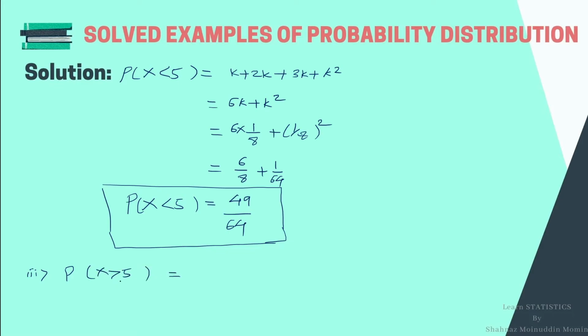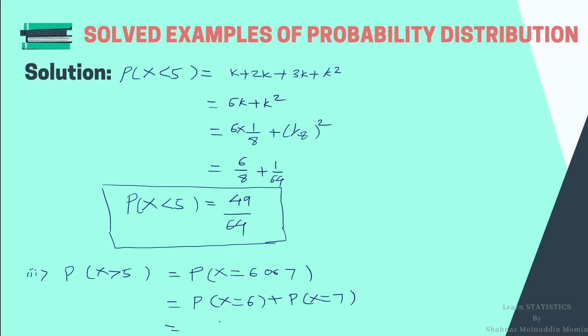Here we take the values of x that must be greater than 5, and there are only two values that are greater than 5, and they are 6 and 7. So probability x equal to either 6 or 7. So it is probability x equal to 6 plus probability x equal to 7.